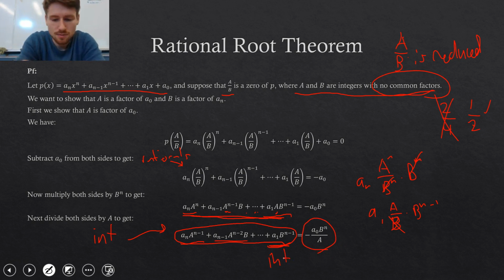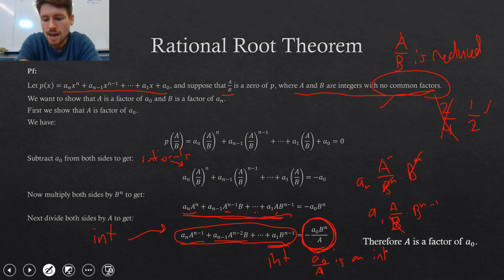So that's an integer. And now we see the fact that B and A have no common factors, and yet that's an integer. So the only way for this thing to be an integer over here, because B and A have no common factors, is that a0 over A.